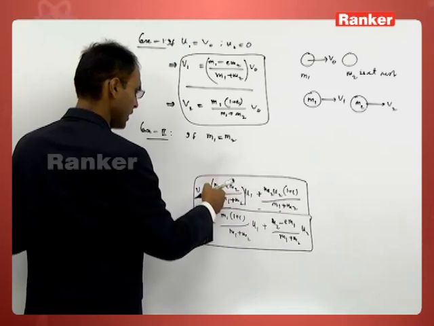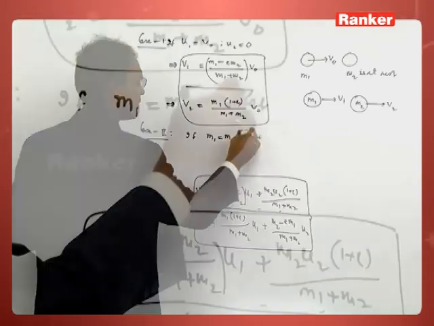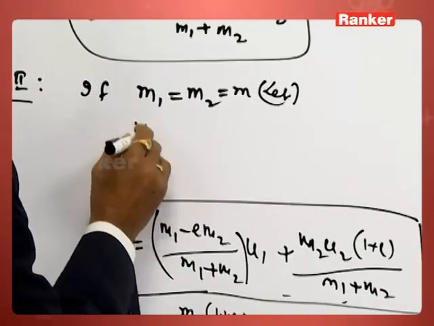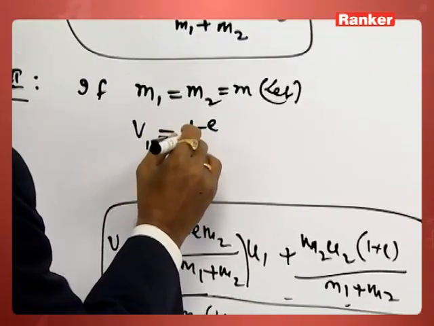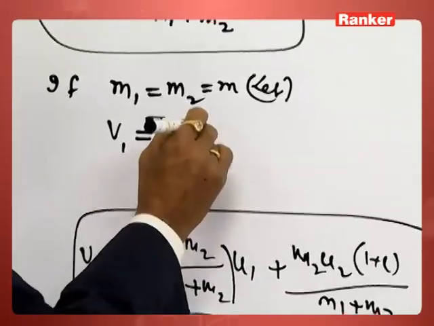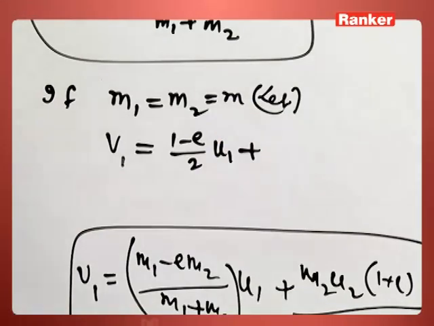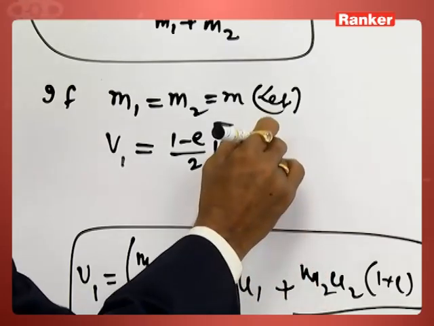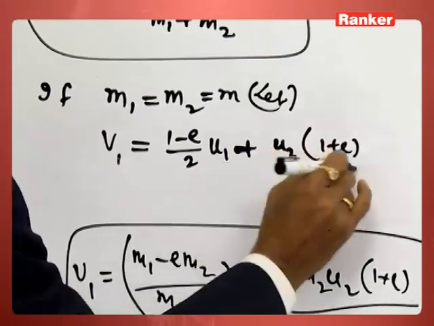You can just put M1 equal to M2, let it be M. Then V1 can be written as 1 minus E by 2 into U1 plus U2 into 1 plus E by 2.